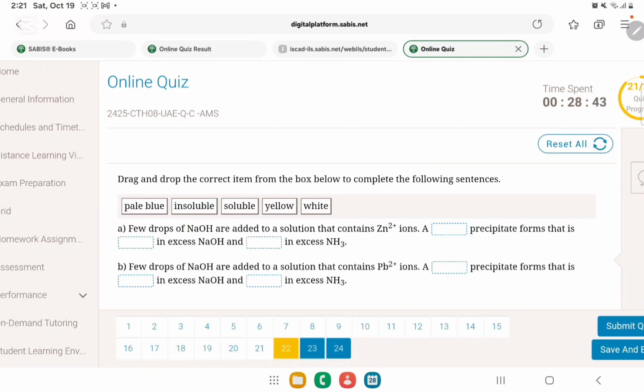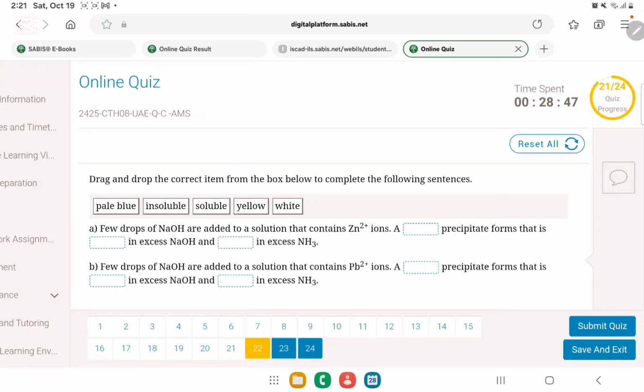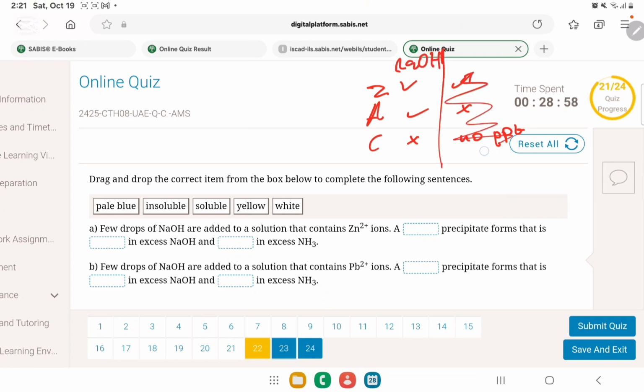Okay. And then a few drops of NaOH are added to a solution that contains Zn. Remember Zn? Yes. No precipitate. Then here they added NaOH. We're just gonna focus on this first row.